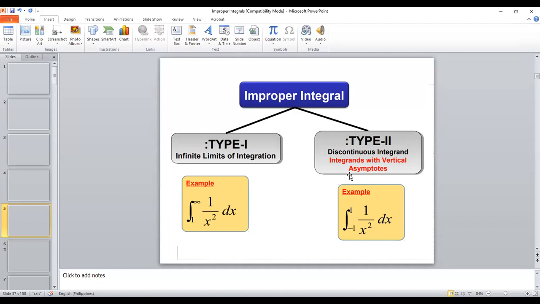That is why it has this term here, integrals with vertical asymptotes, because it would either be extending upwards or downwards in reference to a particular line x equals something. It could be 0, -1, 1, or 2. Okay? Now, this is the topic of the improper integral.